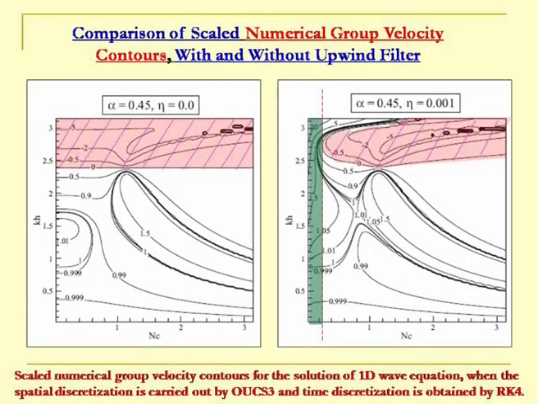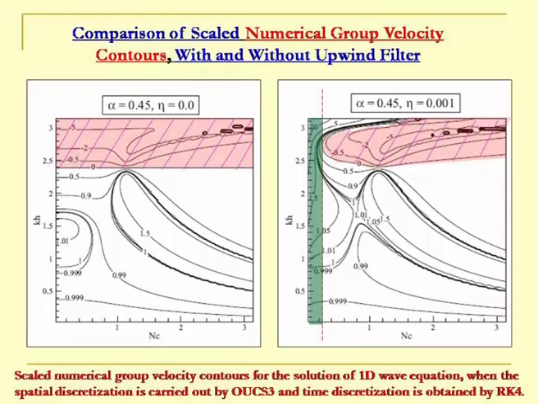However, what was intended in this exercise is given in this figure. If we used a central filter, then we identified a region of Q waves shown by this shaded area. So this is your Vgn by C equal to 0 line. Now what you do is you keep the same filter coefficient 0.45, but use upwinding of the filter.